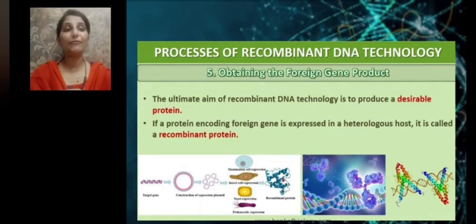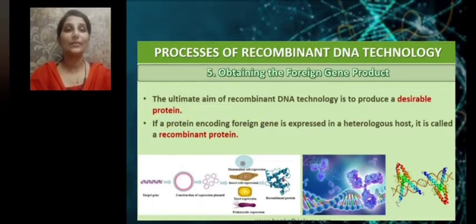And obtaining the foreign gene product. The ultimate aim, so far we did all these steps in order to obtain a particular gene product, and this gene product can be a desirable protein. When the gene of interest expresses, we get a particular protein, a desirable protein. And if this protein encoded by the foreign gene is expressed in a heterologous host, it is called a recombinant protein.